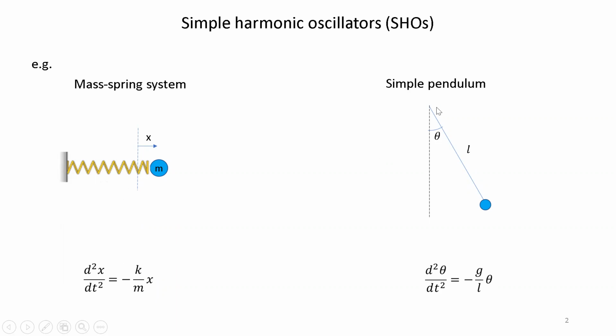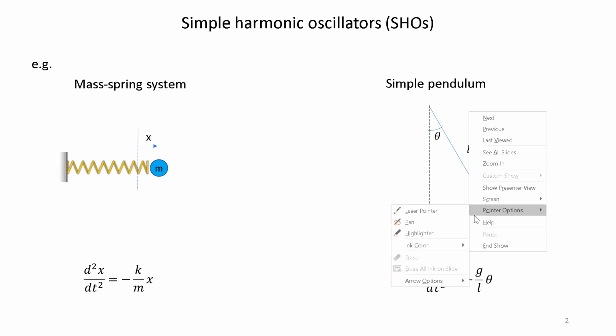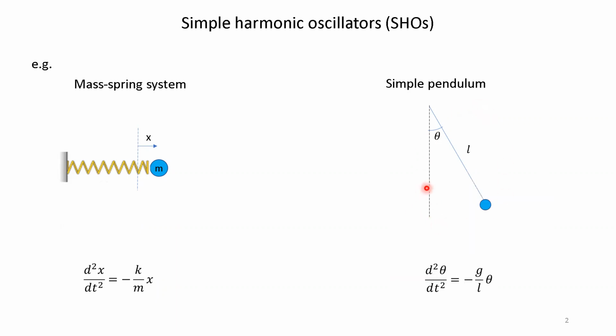And the second typical example that you have seen is this simple pendulum. The whole system is under uniform gravity downward, mg. And this particle over here will swing, due to the combined effect of this tension and also the gravitational force.